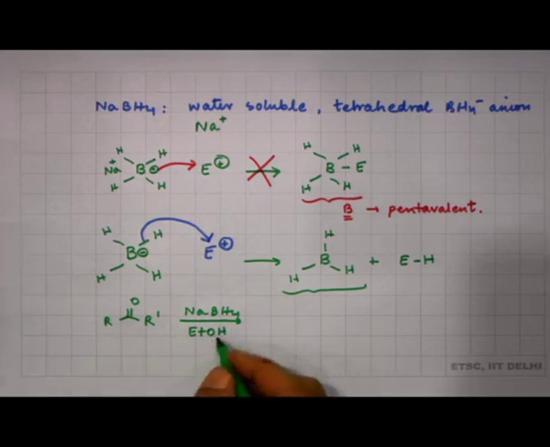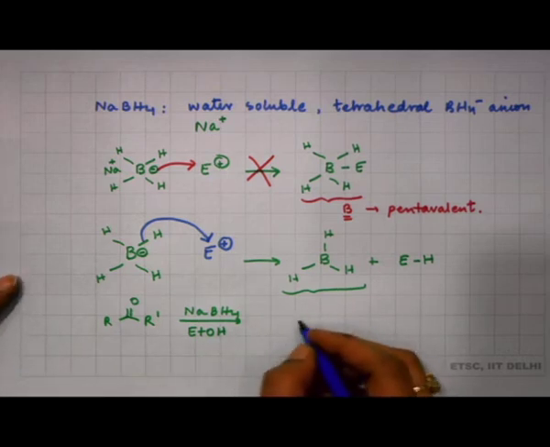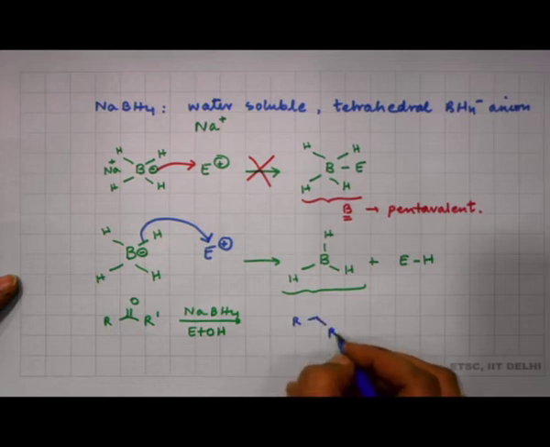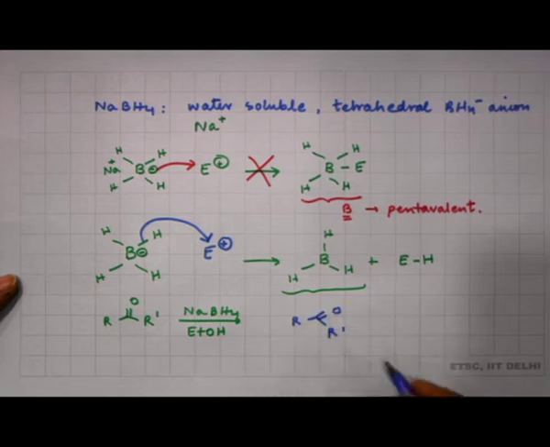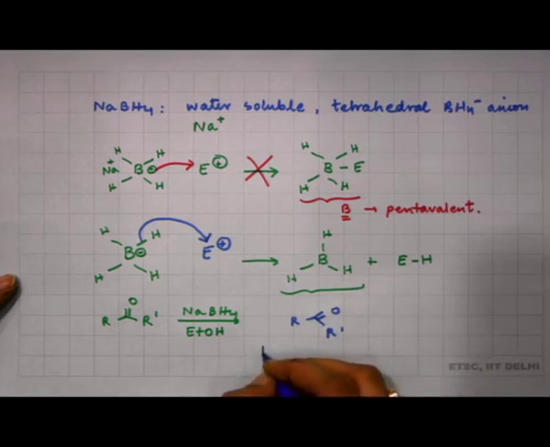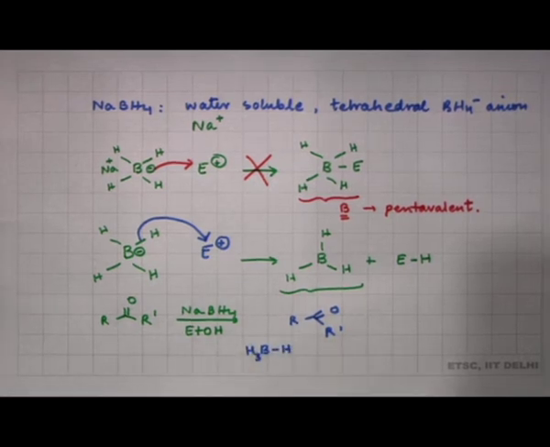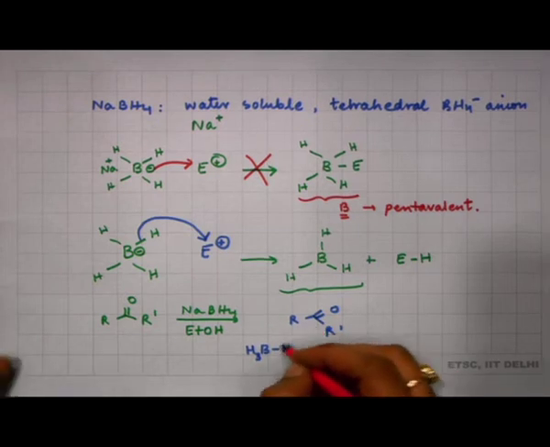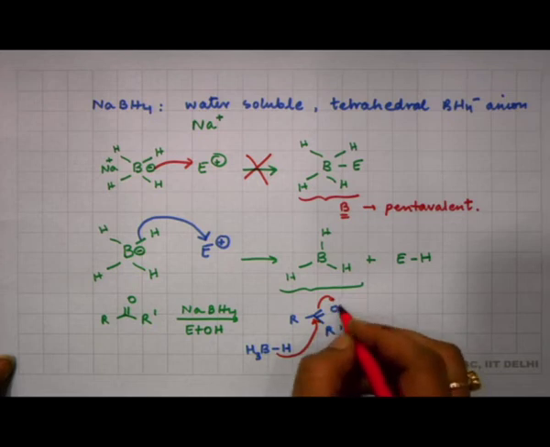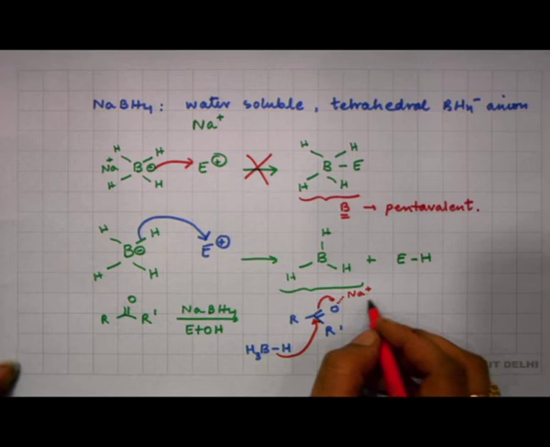It is very important to have a protic solvent in the medium for carrying out borohydride reduction. So, the first step would be that your borohydride attacks this carbonyl carbon, and this carbonyl carbon is not forming a very strong coordination with the sodium cation.